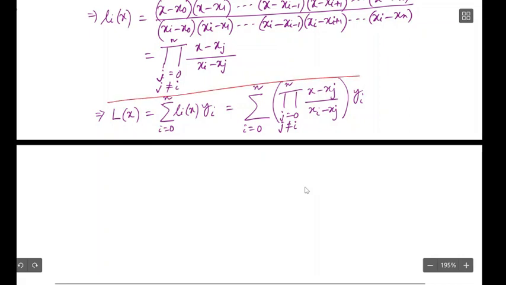So, that is the Lagrange's interpolation polynomial. It is our Lagrange's interpolating polynomial.